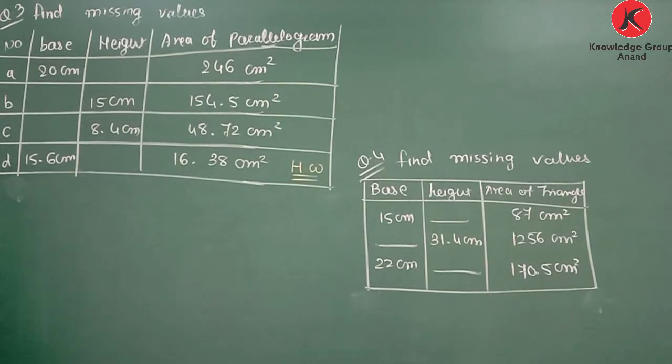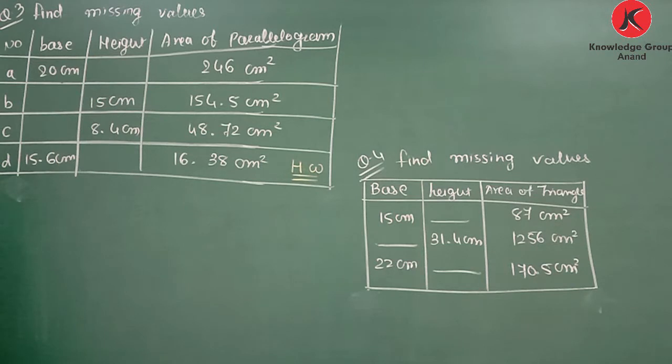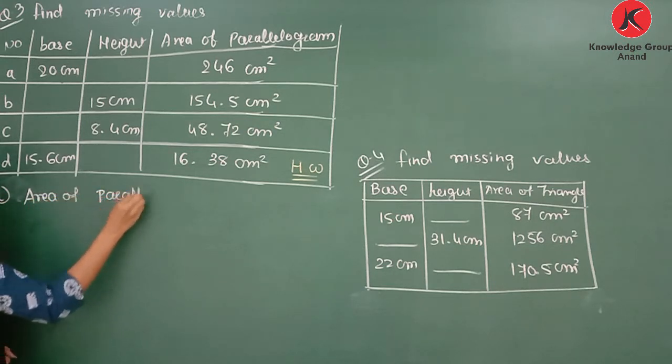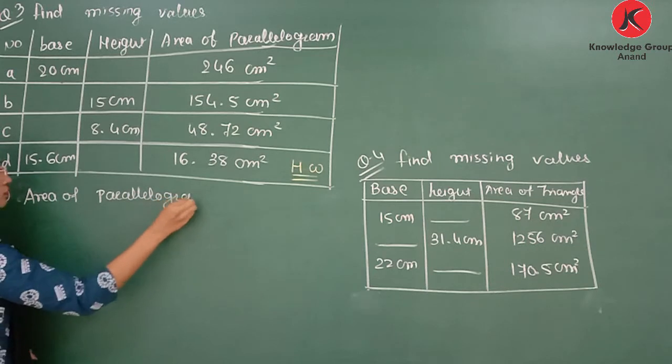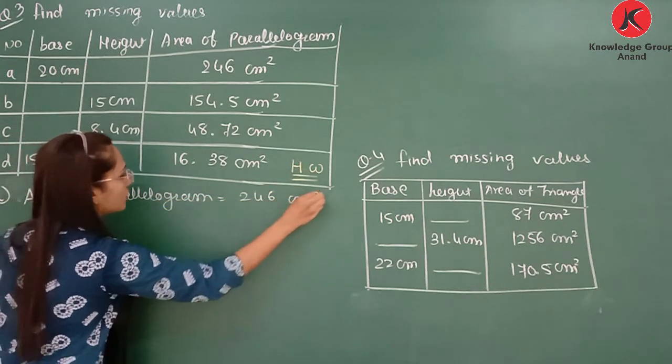Now next, question number 3: find the missing values in a table. Here you can see the base, height and area of parallelogram are given. For the first example, base is 20 centimeters, height you need to find, and area of parallelogram is given 246 centimeters square.